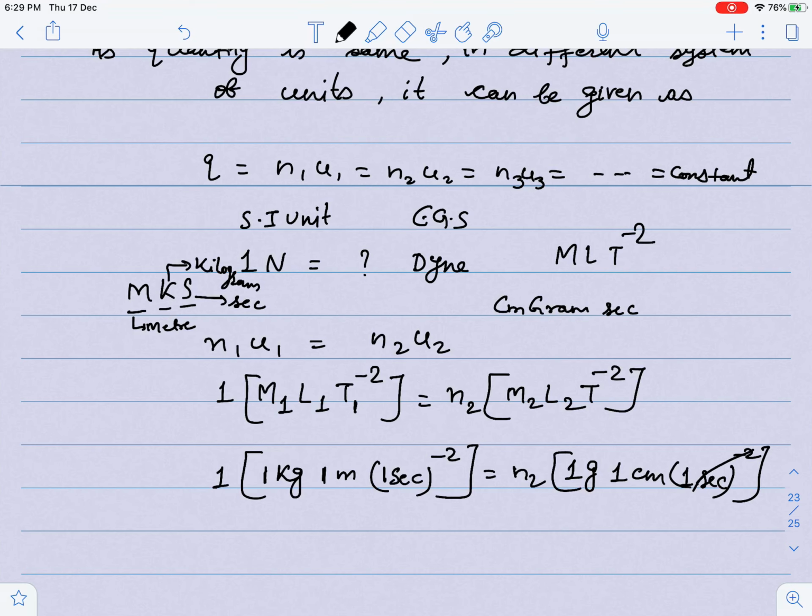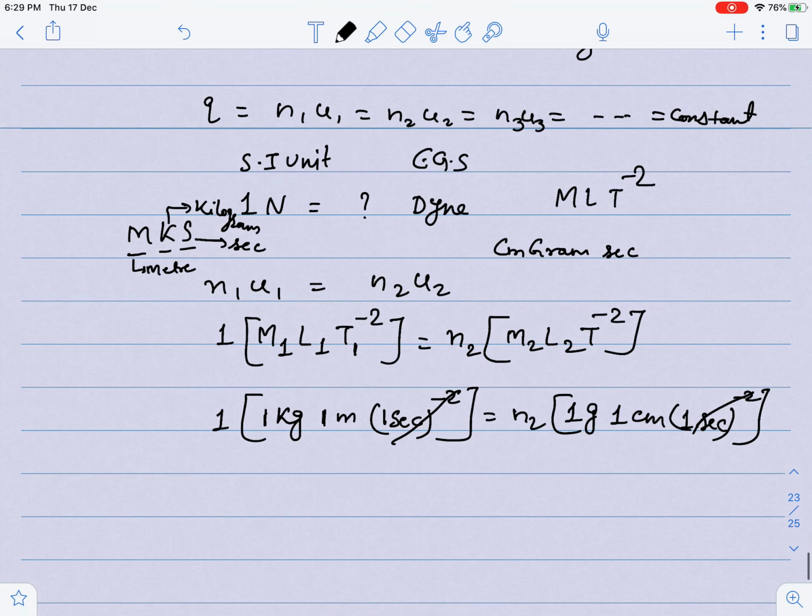So guys, can I cancel this second square with second square? Now n2 can be written as 1 kg into 1 meter divided by 1 gram into 1 centimeter.